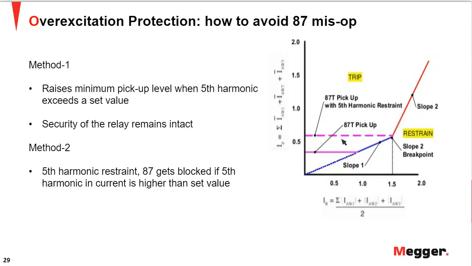So during this time, volts per hertz can definitely take care of the 24 condition, the overexcitation condition. The second method is to look into the fifth harmonic content with respect to your fundamental, and if it gets above a certain set point, then the differential is blocked altogether, right? So these are the two methods that are used to avoid misoperation on differential during an overexcitation condition.